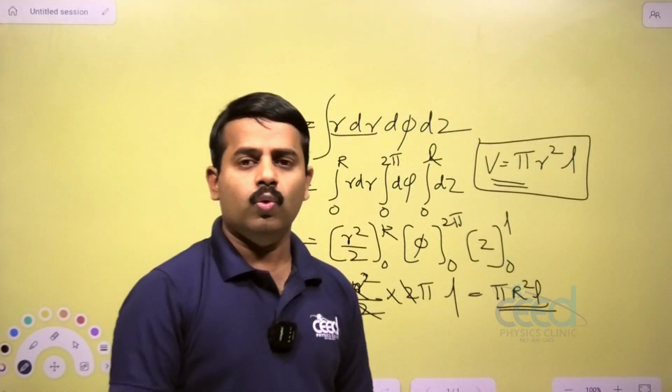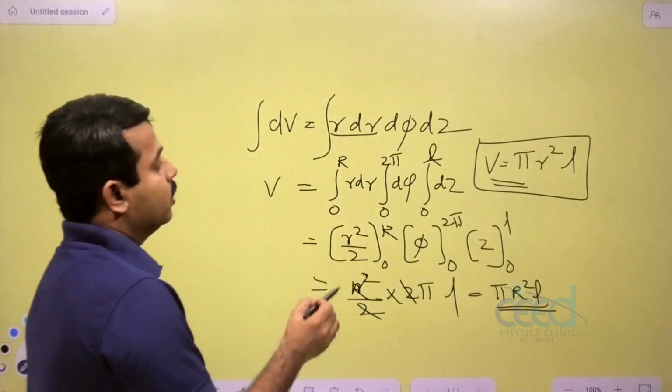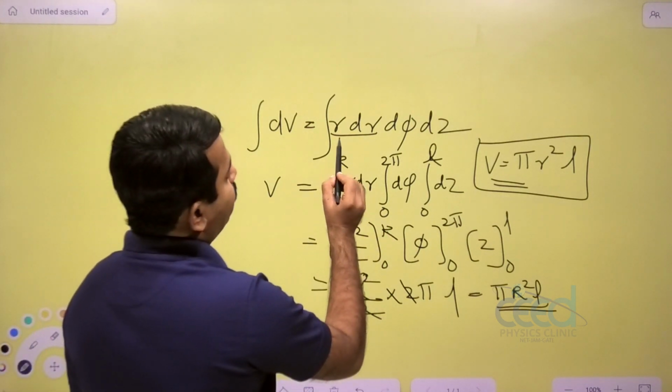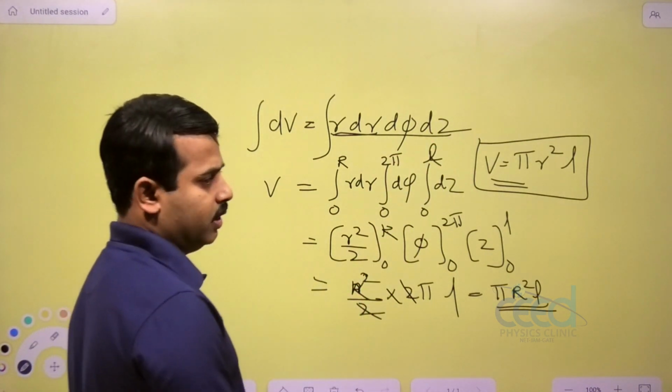So in a cylindrical polar coordinate system, this is the volume element, r dr d phi dz.